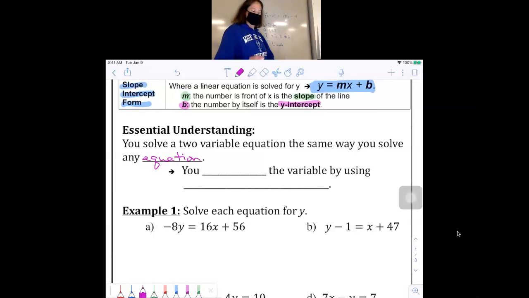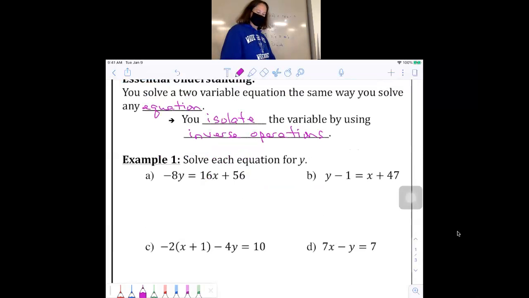Exact same thing, okay? So you isolate the variable by using inverse operations.